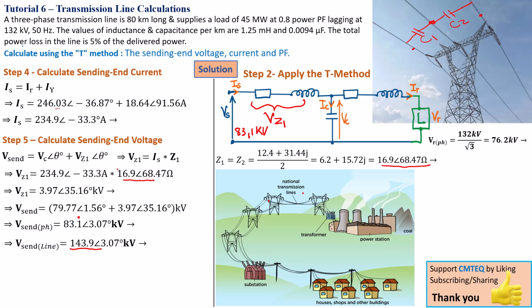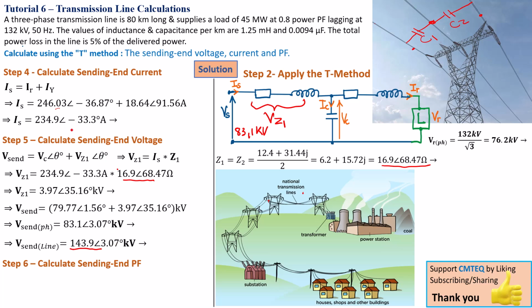The last step is to calculate the power factor at the sending end. To do that, we subtract the sending end current angle from the sending end voltage angle.